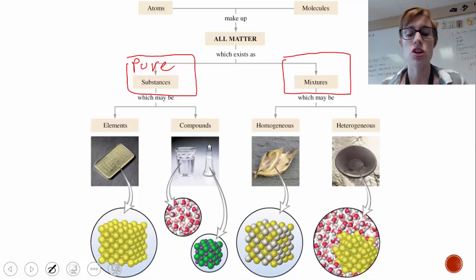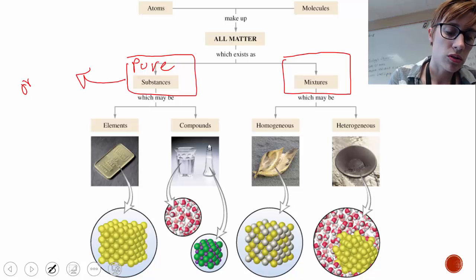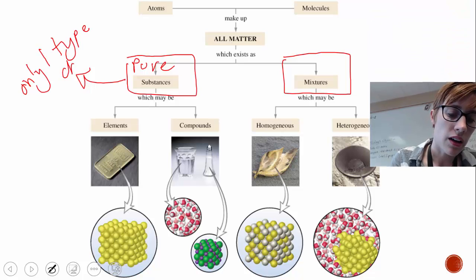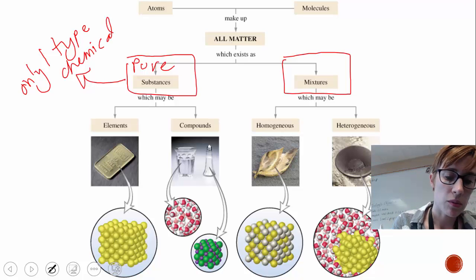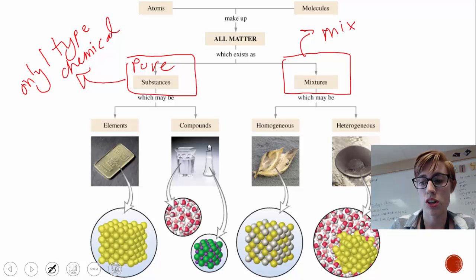Just a quick introduction: pure substances are made up of only one type of chemical. Mixtures, however, are just like the name. They are a mixture of two or more chemicals.